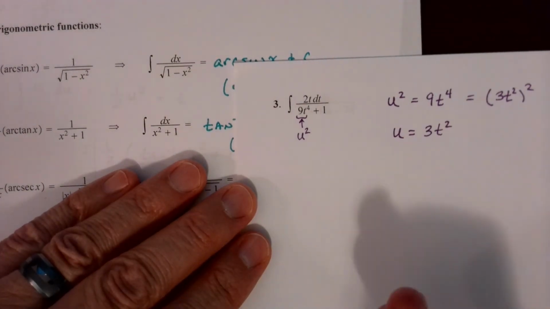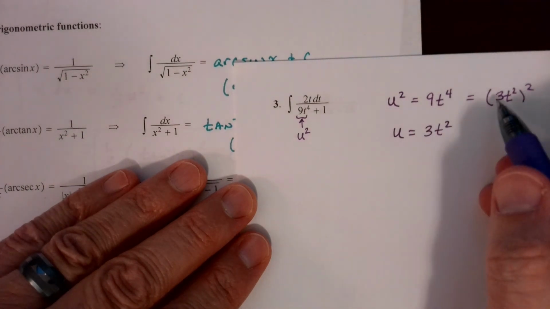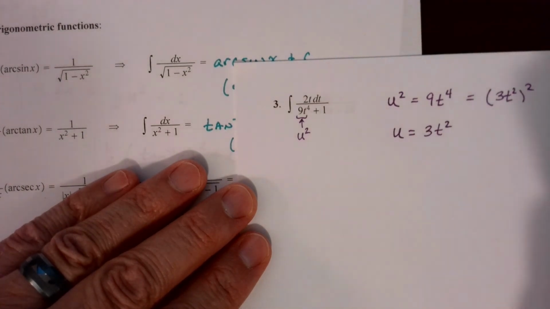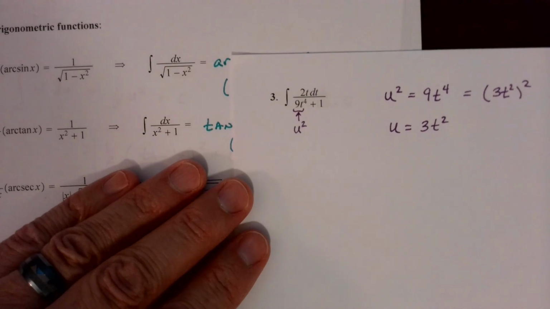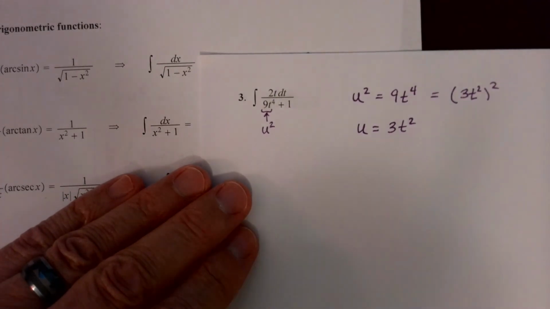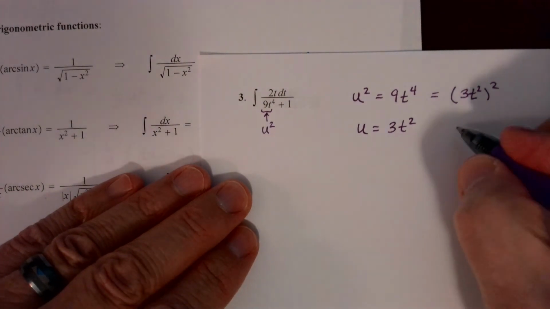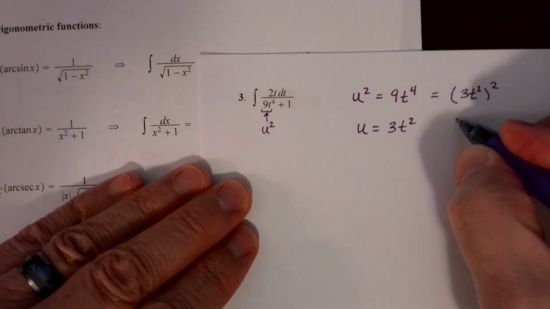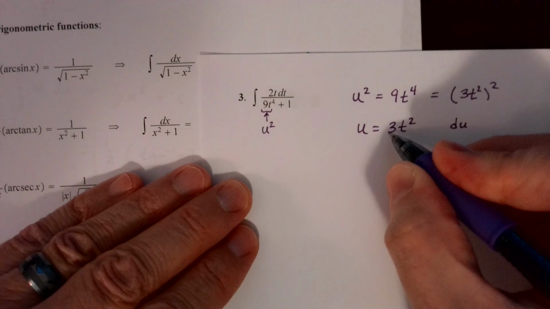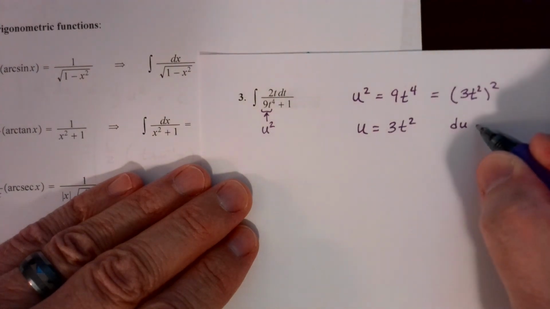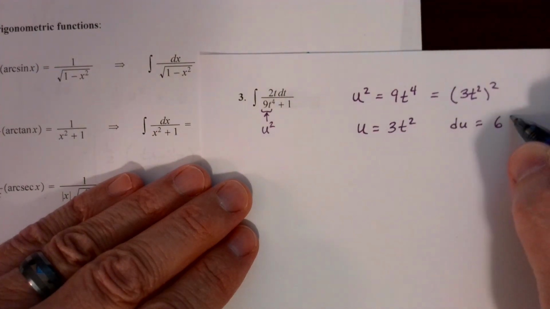Notice there is a little bit of a composition if you think about it, 3t squared inside of the squaring function, but it's not quite the same thing that we had been doing previously with the substitution method. But we still do the same thing. We take the derivative. What's the derivative of 3t squared? Bring the 2 down, and I get 6t.